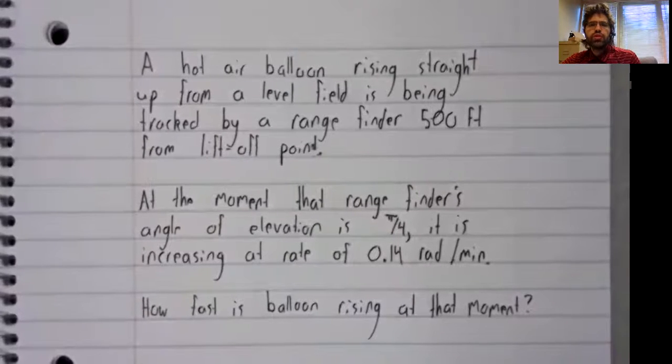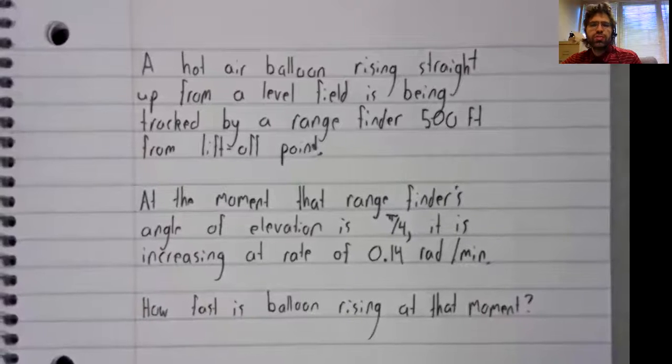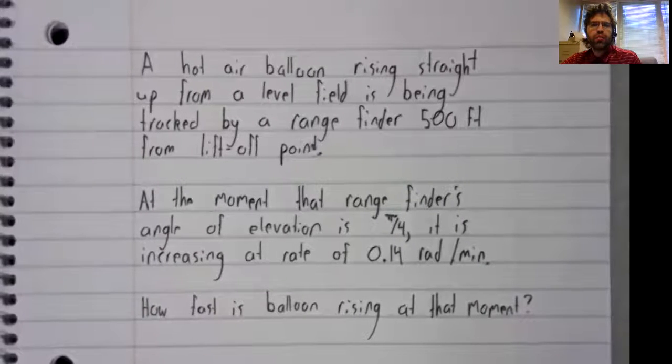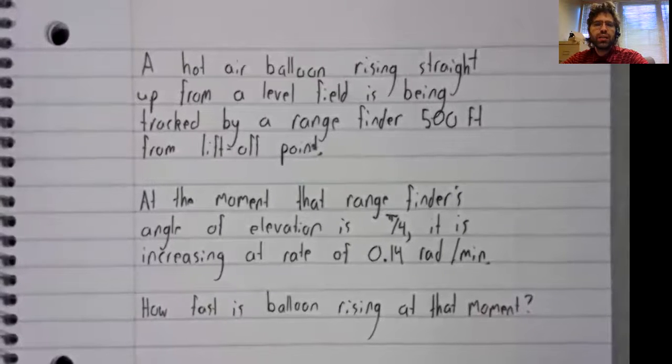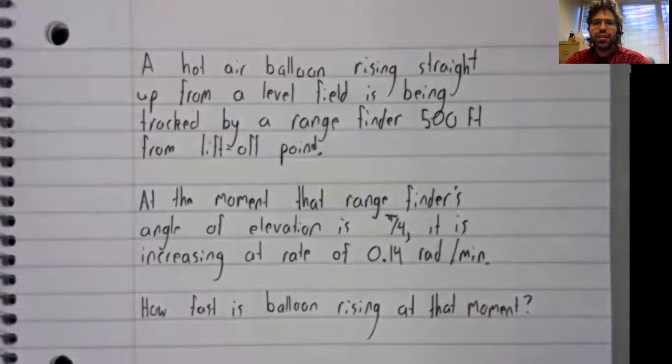At the moment that the rangefinder's angle of elevation is pi divided by 4, the angle of elevation is increasing at a rate of 0.14 radians per minute. And we'd like to know how fast the balloon is rising at that moment.